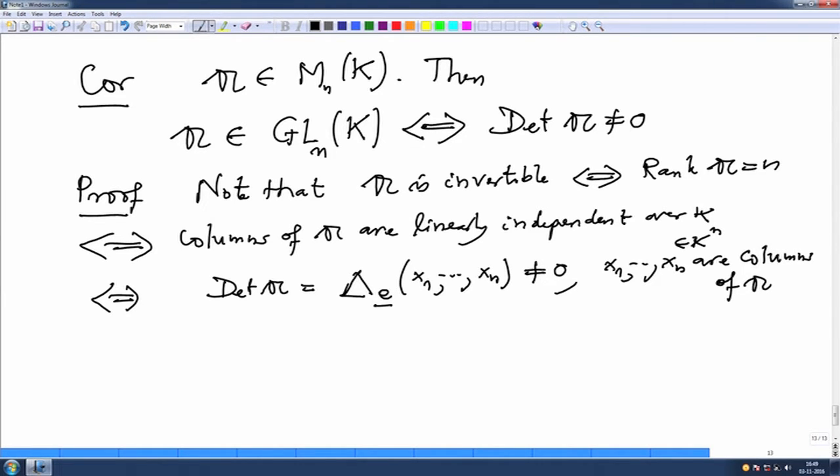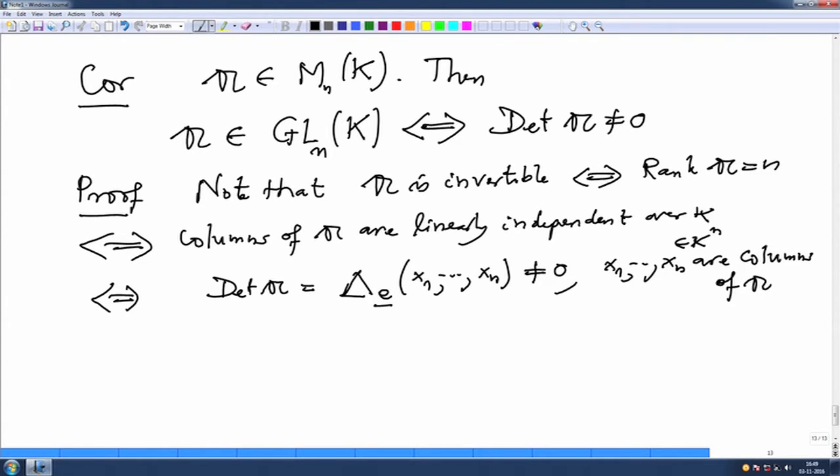So, I just want to make one very important comment here. Many people take this as a definition of GL_n(K). That should not be. This is a theorem which characterizes invertible matrices by means of the scalar being 0 or not 0.